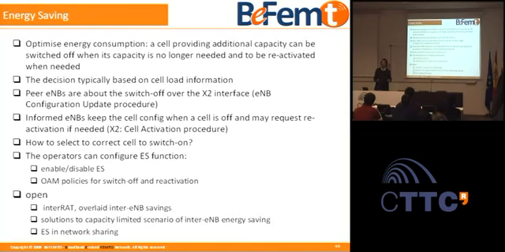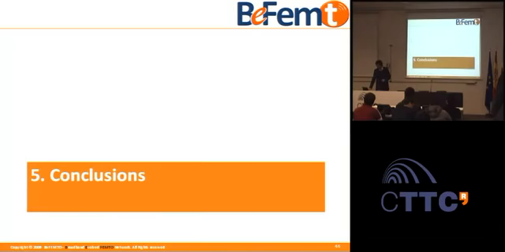You just switch off, and this is where you really save energy, and that is what is happening. So this cell sleeping is something which is now coming up, and I don't think there are many solutions out there today, so it is worth investigating that line of research.